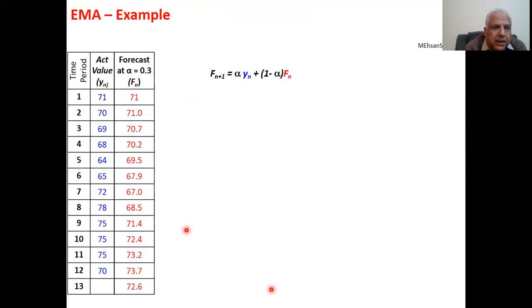This was the forecast and the actual, and then the forecast data was calculated using this formula over here. So this is the actual data, this is the forecast data, and now we have to depict it. By the way, we have taken alpha equal to 30% or 0.3.